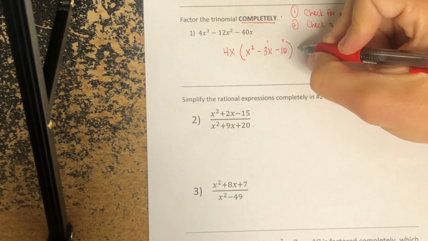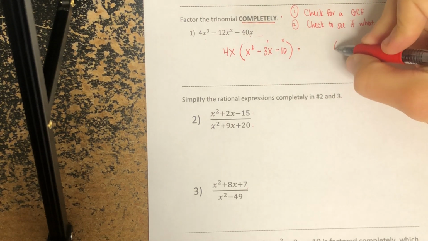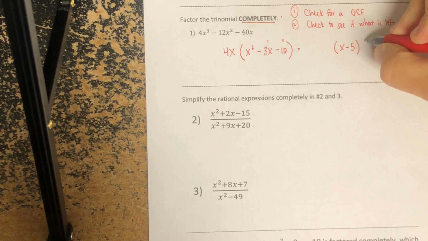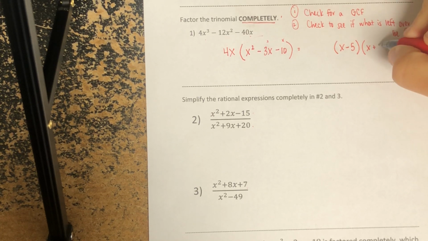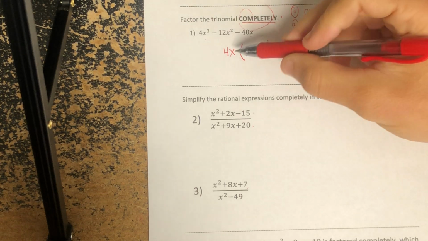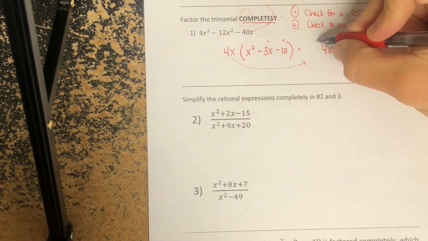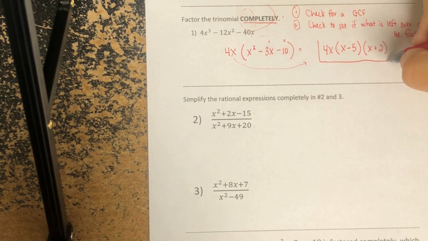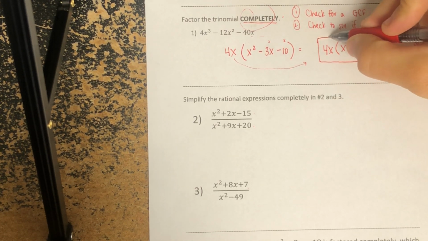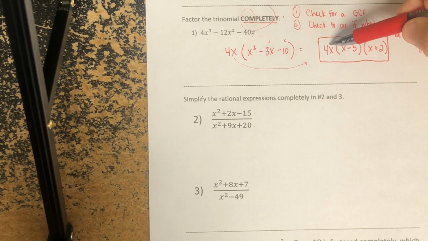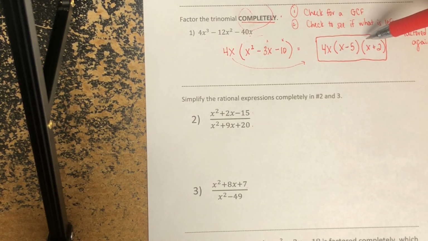Hopefully you recognize that as a negative 5 and a positive 2. And then just don't forget, when you write your final answer, we were factoring completely, so you can't forget about that GCF. Stick that in front. The best solution would have been 4x, in parentheses x minus 5, in parentheses x plus 2.